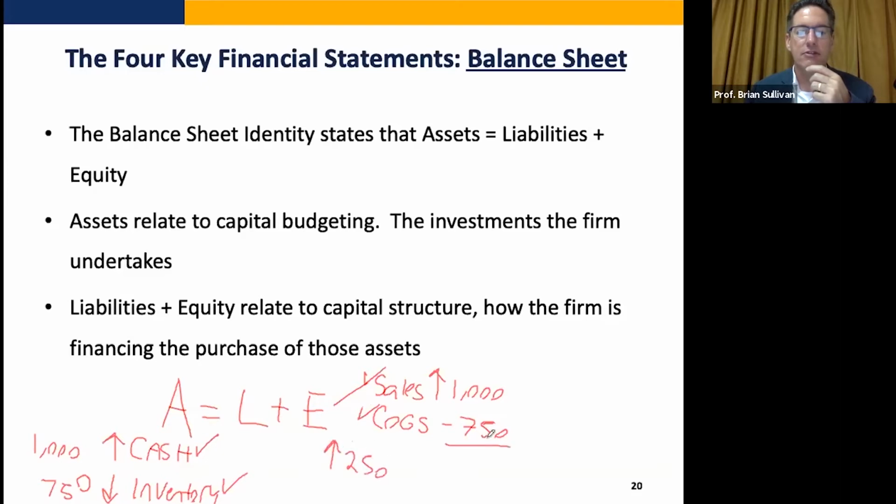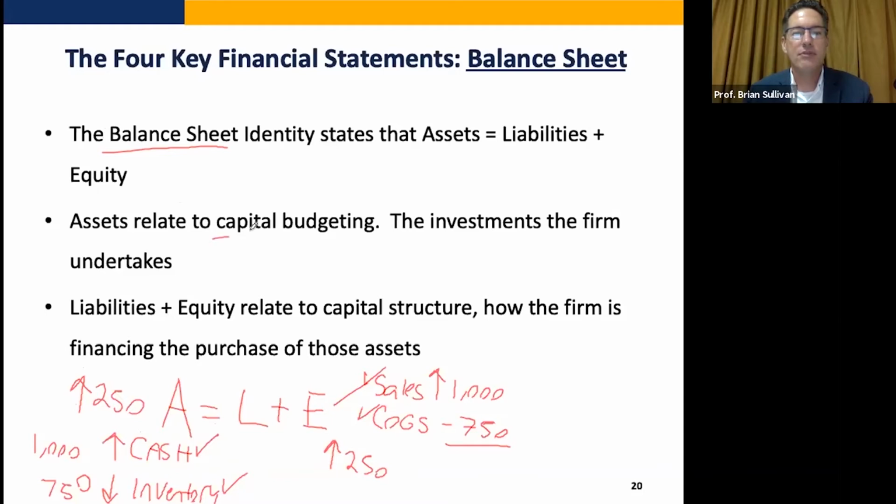If you subtract those, it's 250, and the assets are up by 250, right? It balances. That's why we call it the balance sheet identity. So after every business transaction, the accountants are entering this in, and this thing has to balance at the end. If it doesn't balance, it tells us something's off, right?